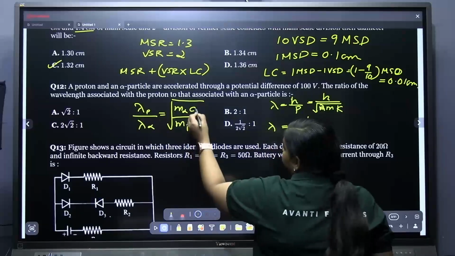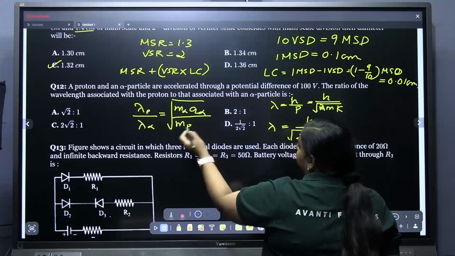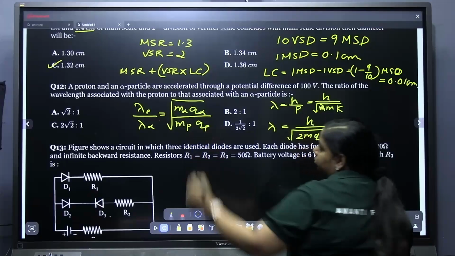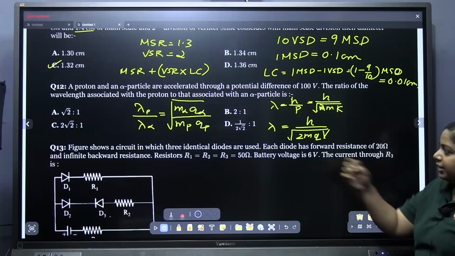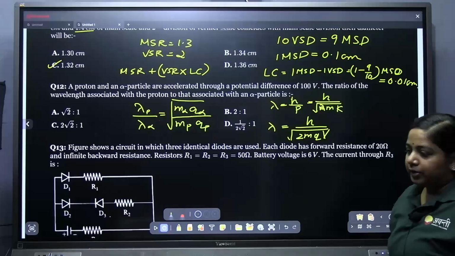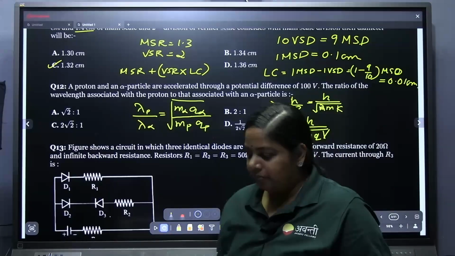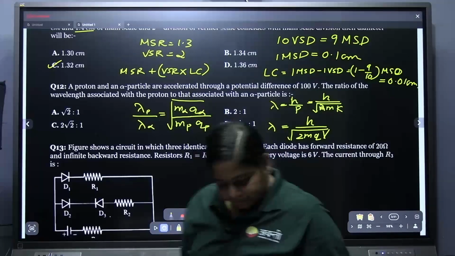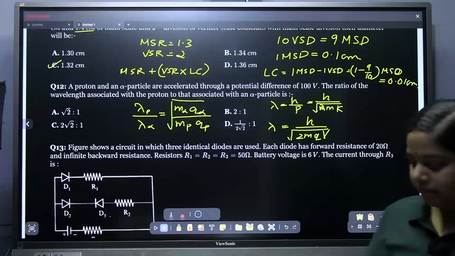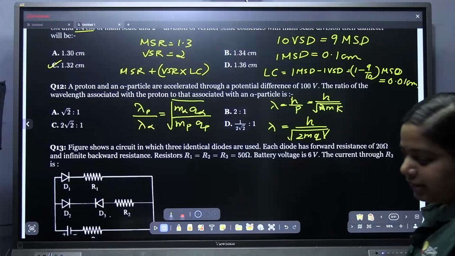When you find the ratio, you can directly find the answer. Okay, answer is option C.